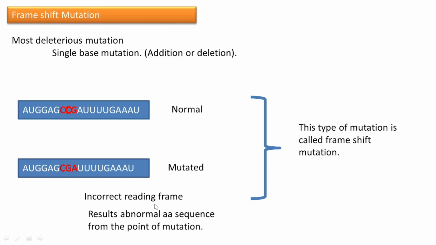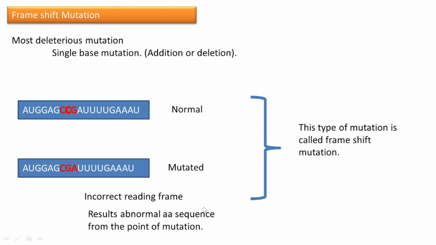An incorrect reading frame is forming. And because of that incorrect reading frame, what would be the condition of the protein formed out of that mutated mRNA? It is not a normal, it's an aberrant protein.